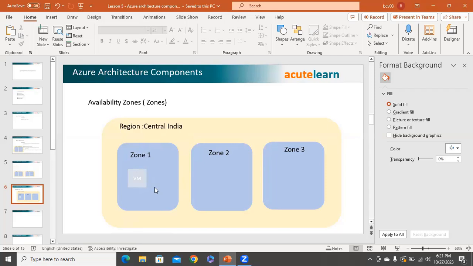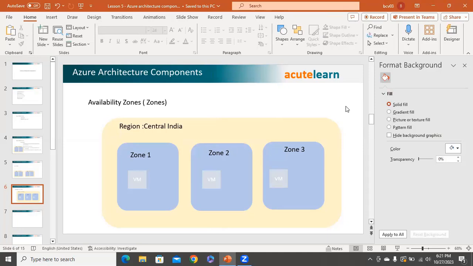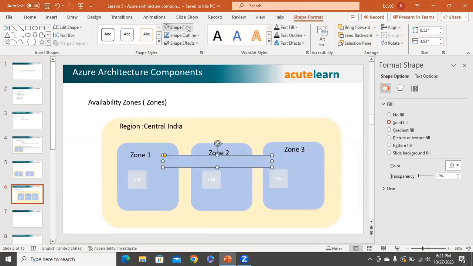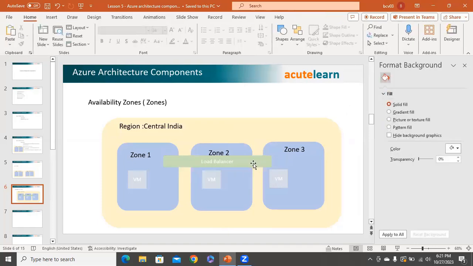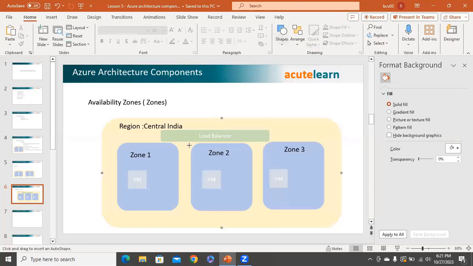What Microsoft says is, you can have virtual machines running the same application deployed across 3 zones, or 2 zones, and have a load balancer distributing the traffic across these 3 virtual machines.